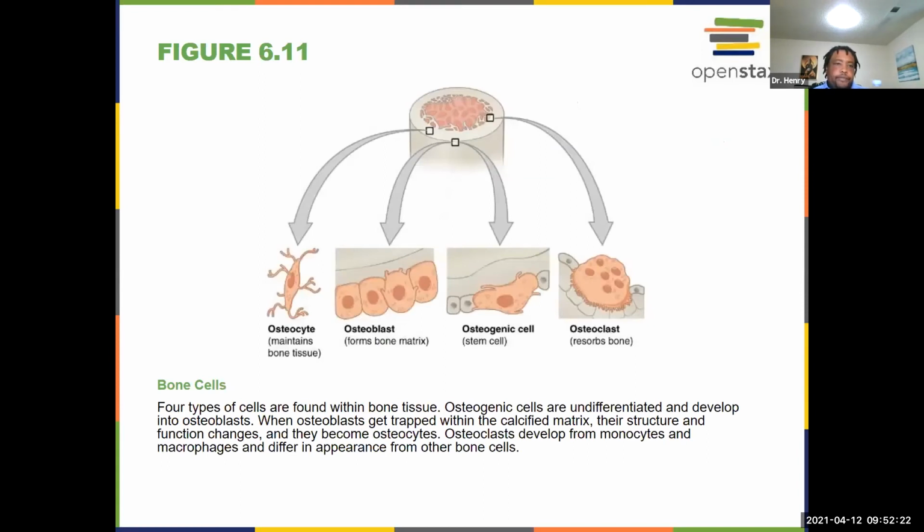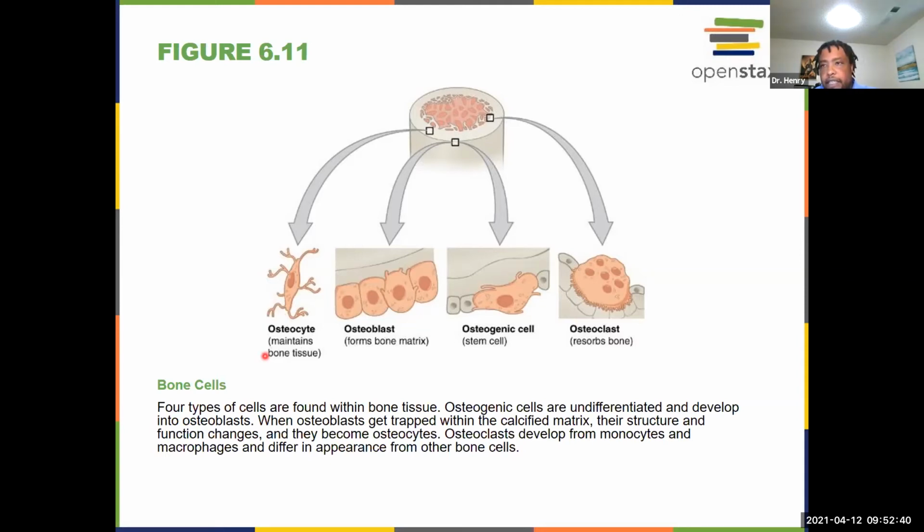Okay. So bone basically starts from bone cells. These are the 4 types of bone cells that exist. We have the osteocytes, which basically maintain the bone tissue.